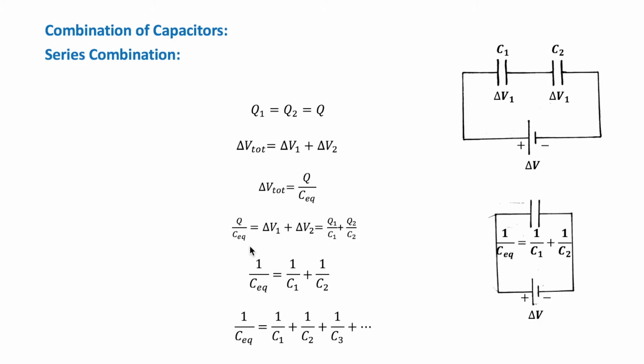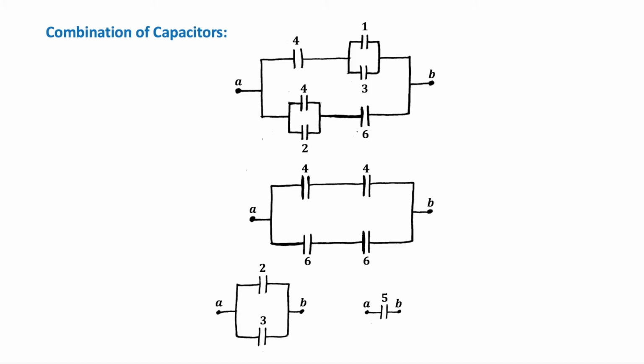And so if we substitute Q over C equivalent, we get here Q1 over C1 plus Q2 over C2, and this gives us this expression for the equivalent capacitance of capacitors in series. And so as you can see, the equivalent capacitance is always less than any of the capacitors in the combination, okay? So as an example, consider the system of capacitors shown.